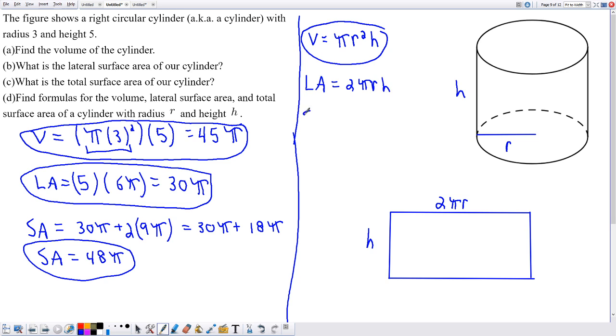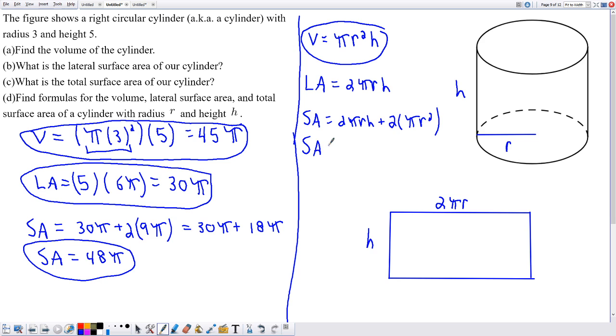Then the surface area is equal to the lateral area, 2 pi r h, plus 2 times the area of the circle, which is pi r squared. And we can manipulate this equation a little bit more by factoring.